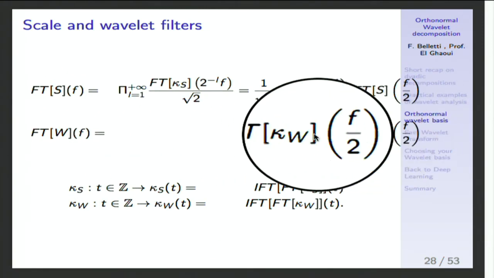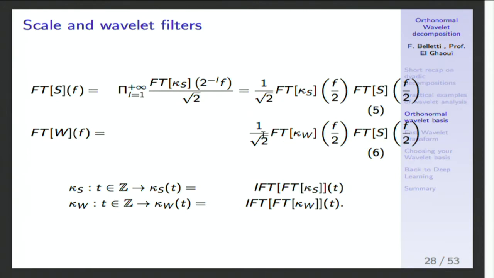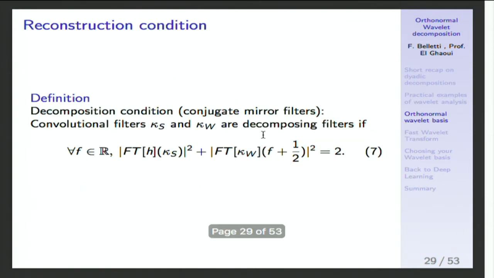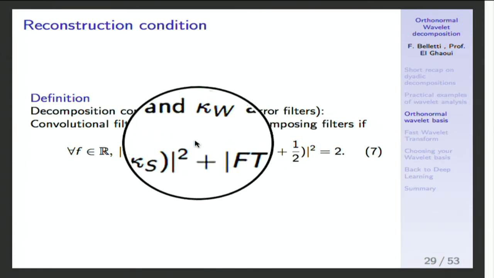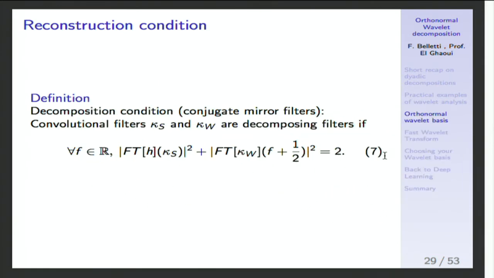That I obtained in the Fourier domain thanks to this operation. So that's how I obtain the decompositions. I know that with this decomposition, I can recompose my signal as long as such a mirroring condition holds between the scaling filter and the wavelet filter. And so as soon as these conditions hold, I know that I'm able to build up a dyadic decomposition.